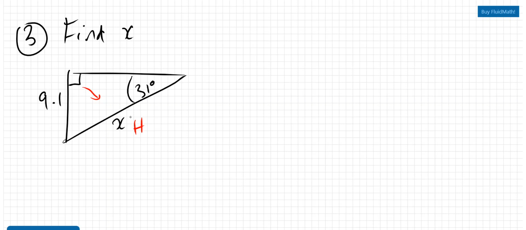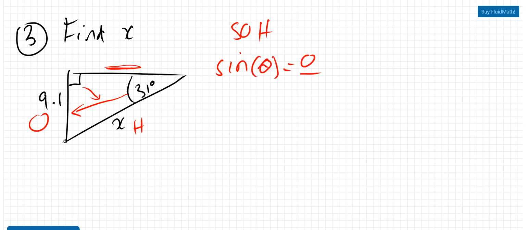And then I've got, let's see, the opposite of this angle here, which is 9.1. I also have the opposite. So there is no adjacent here given to us. It's the opposite and the hypotenuse. Now, what has O and H? I know that sine, or SOH, is opposite over hypotenuse.